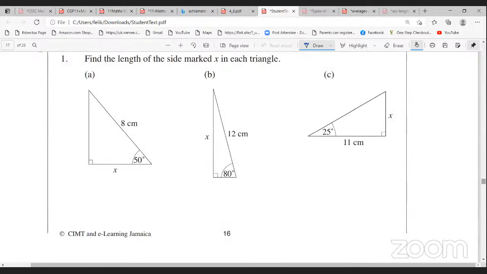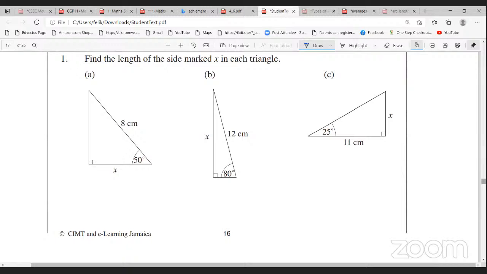Find the length of the side marked X in the triangle. What are we going to use for these triangles? Pythagoras theorem, trig ratio, sine rule, cosine rule. Yes, I think it's the Pythagoras theorem.